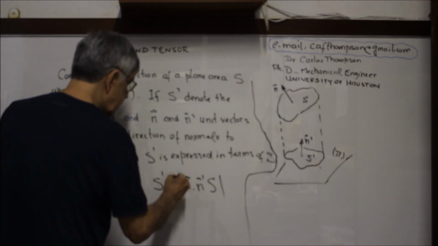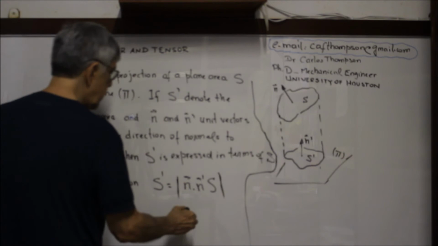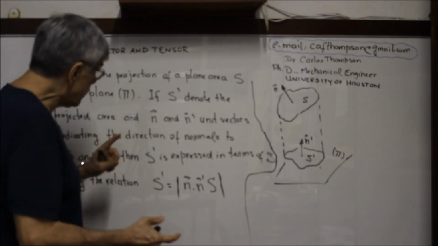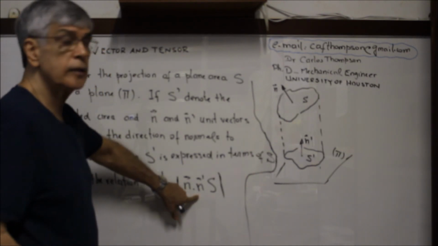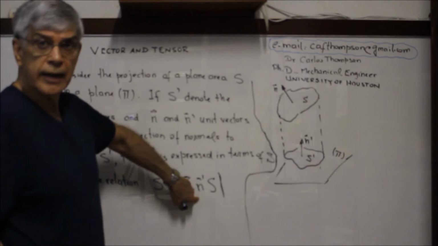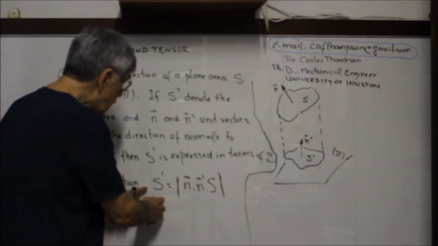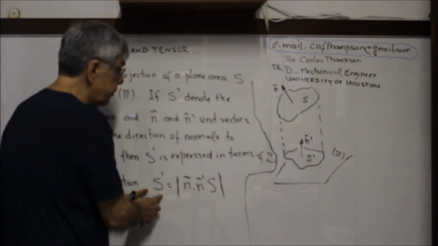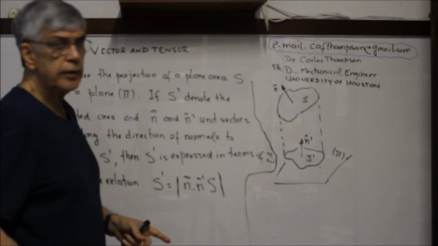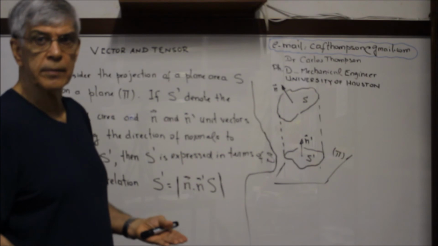This sign here indicates magnitude because a dot product can be negative, 0, or positive, and the projected area S prime and S are always positive numbers.